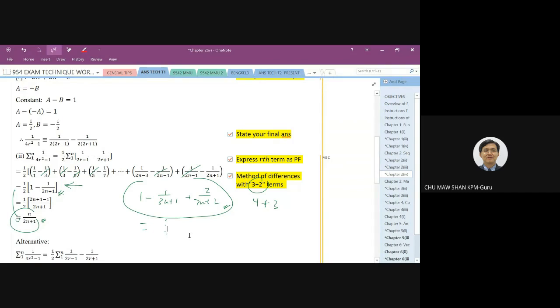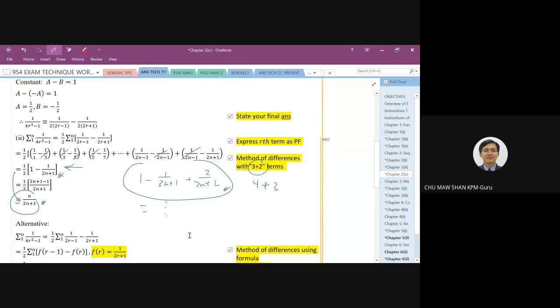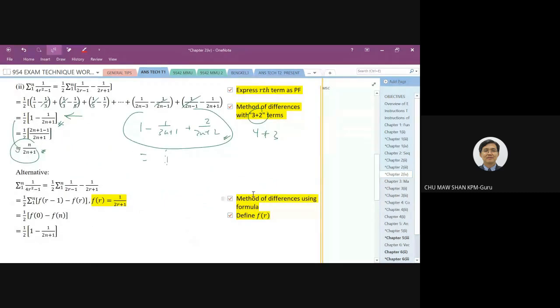Alright. Next, if you are using the method of differences using the formula, you must define your f. So you have 2 terms here. Let's say I define my f as 1 over 2r plus 1.